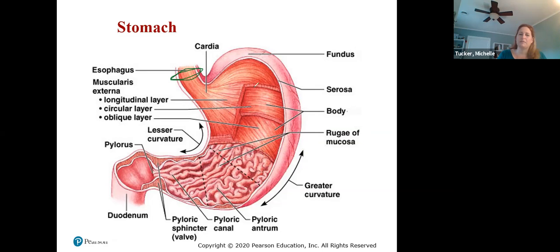Our stomach is going to have digestive juices, stomach acid, at about a pH of 2. In order to prevent that acidic fluid from going up and burning our esophagus, that lower esophageal sphincter stays closed to keep the digestive juices in the stomach.